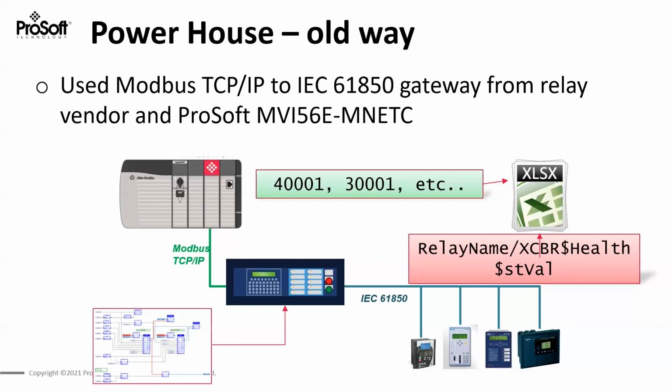And anytime somebody made a change, you had to hope that they actually updated the Excel spreadsheet with the latest and greatest information. So while this worked very well and reliably, it was a lot of setup and configuration.